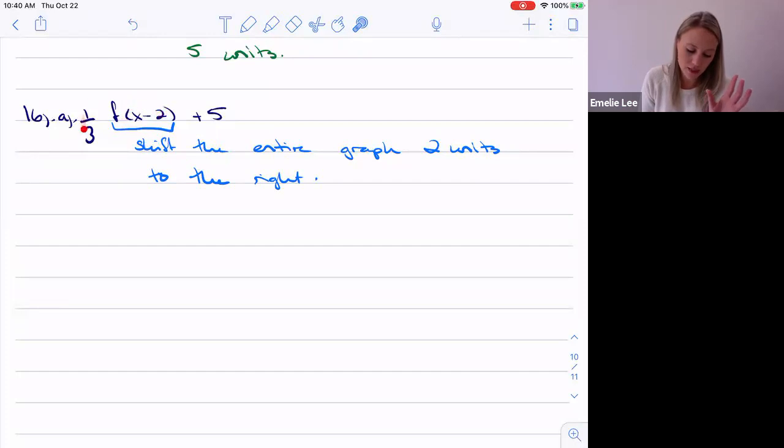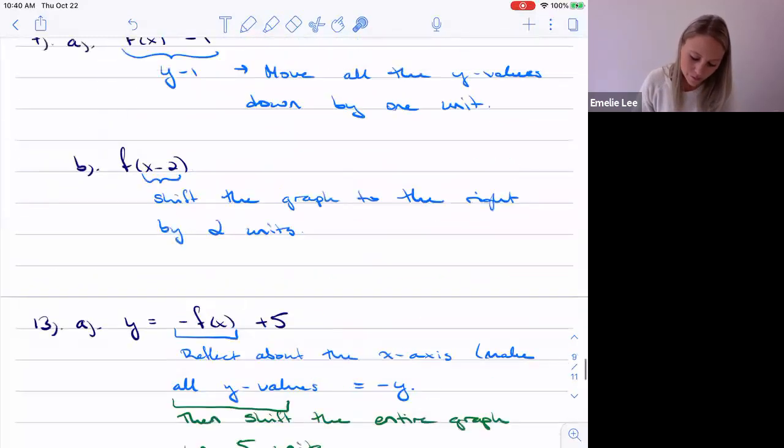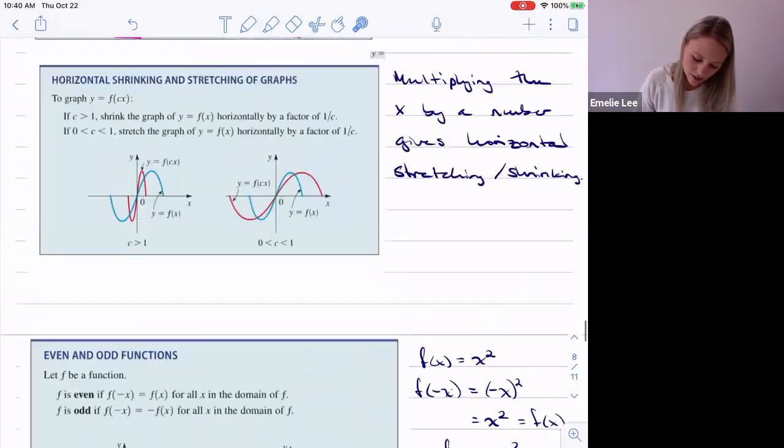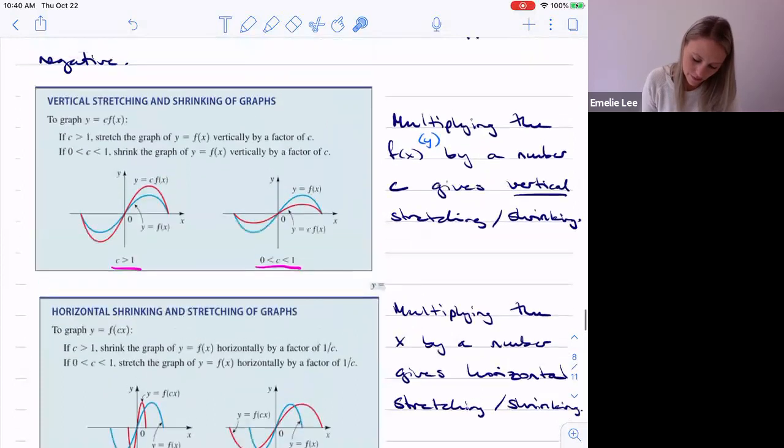Next thing that happens is I'm multiplying by 1 over 3. So let's just remember that this 1 over 3 is multiplying the y values, right? So now these y values are going to decrease by 1 over 3. If you go back here, where is it? Here. So 1 over 3 is between 0 and 1, right? And so it's going to shrink the graph by 1 over 3.